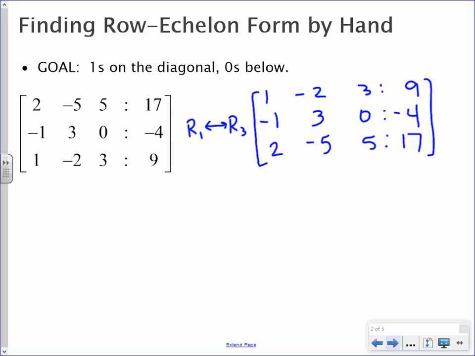Now we want to work on some zeros. So in our second and third row, it doesn't matter which one we pick, we need one of them to be 0, 1, and we need another one to be 0, 0, 1. So does anyone have an idea on making the first entry in either one of those rows a 0? Jackson, what do you see?